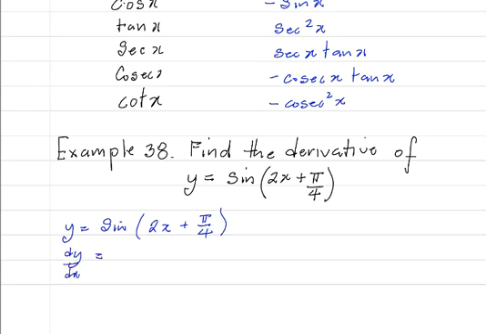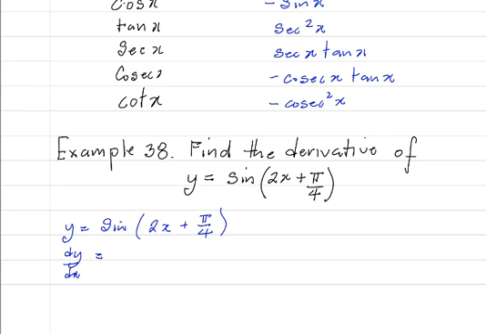First thing, chain rule, because what we have is a function inside of a function. This is 2x plus pi by 4 inside of sine, so it's a function in a function. And chain rule essentially says that we have to differentiate the outside function and multiply by the differential of the inside function.